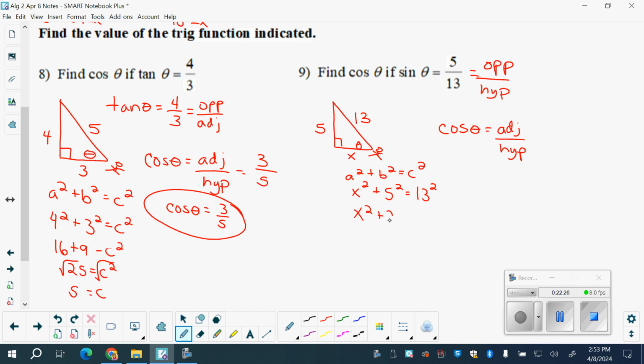x squared plus 25 is 13 squared, 169. Can somebody check my mental math? Yeah, thank you. And then we subtract 25. x squared is 144. Square root.